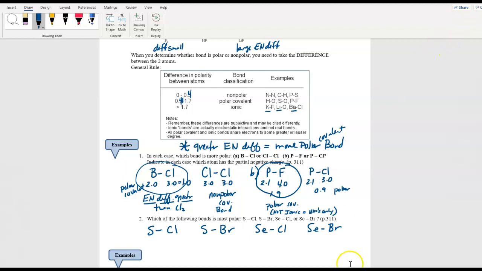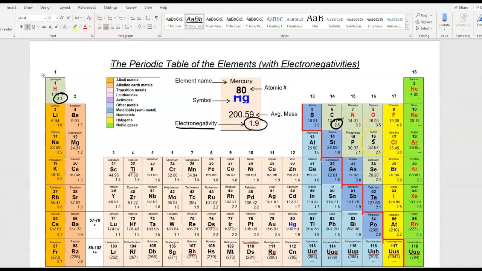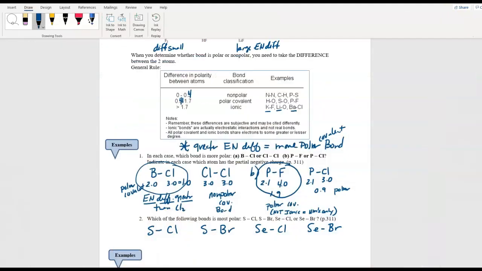Sometimes with this, you have to look at the location on the periodic table. So I had sulfur and chlorine. They're literally sitting like right next to each other. I had sulfur and bromine. I had selenium and chlorine. And then I also had selenium and bromide. Well, the elements sitting right next to each other, their difference is so small. But when it's diagonal like this, you get a little bit bigger range. So sulfur's 2.5.